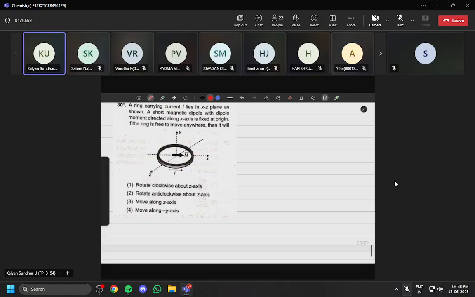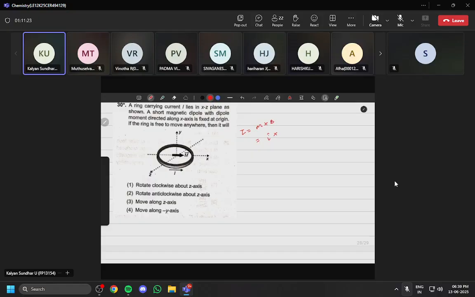Yes sir. Third இல்லடா. So they are asking the torque value. Torque na என்னது? M cross B. M எந்த வெக்டார்ல இருக்கு? I capல இருக்கு. B எந்த வெக்டார்ல இருக்கு? They haven't mentioned any B.